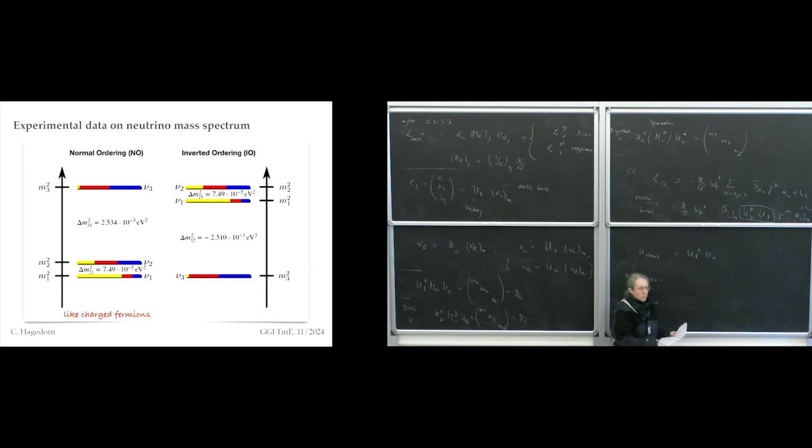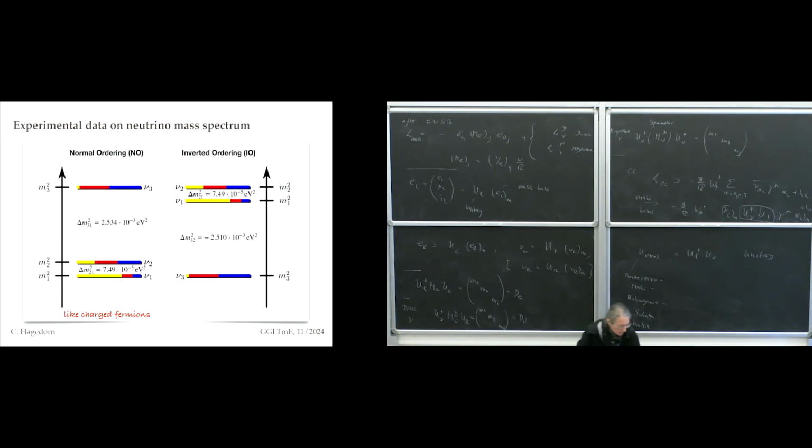So what are the properties of this matrix? So we said we always use unitary matrices here to do this basis transformation, right? This means that also this one, so you have a combination of two unitary matrices, also this one is a unitary matrix. Okay? And this is what one usually says, this is the analog of the CKM matrix, but now for the leptons.